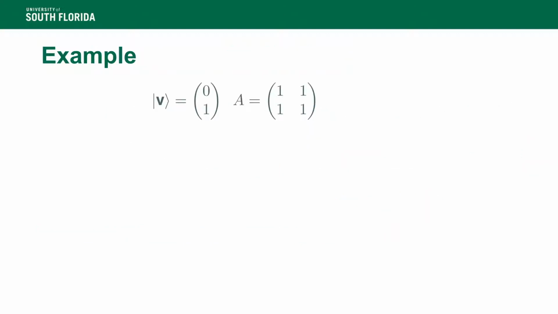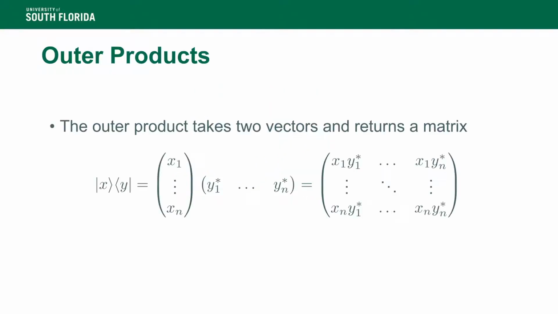Another example: A times v is the matrix of ones, 1, 1, 1, 1, multiplied by the vector 0, 1. Notice the way I like to present them; not everybody does it. Then you have here a 1 and another 1. These entries give you a linear combination of the columns of A that you have in your answer.